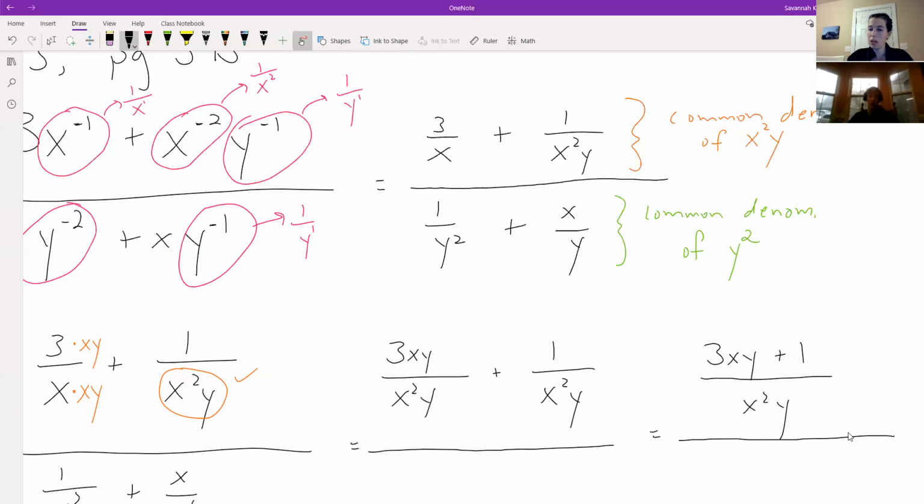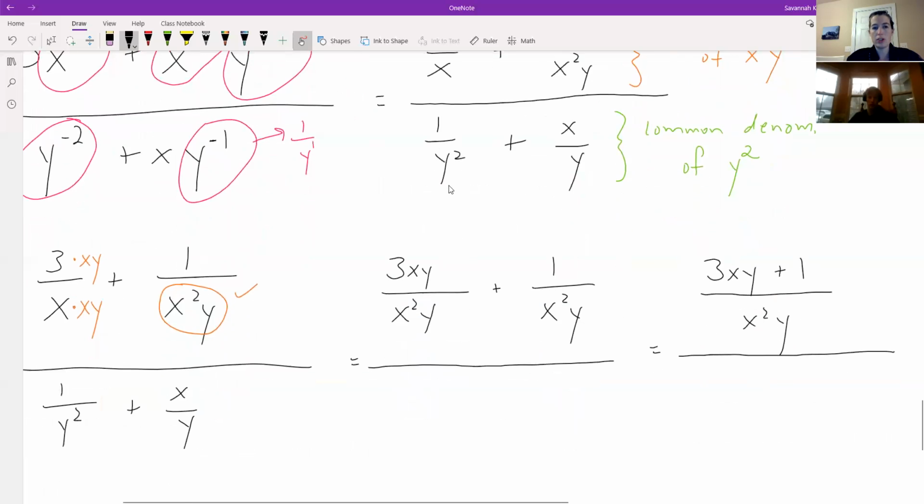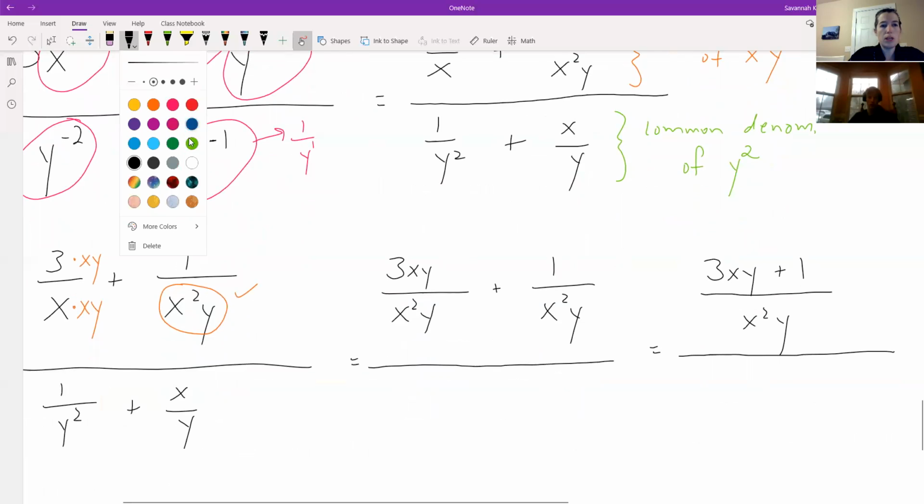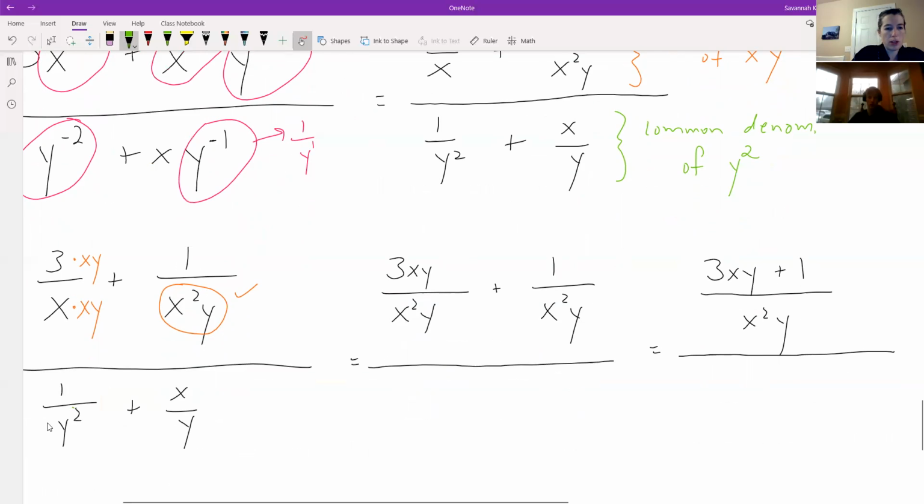We have to do the same type of thing down below with the fractions that I had coded in green up here. So those fractions need a y squared underneath. Only one of them has that y squared underneath, which means the other one, so let me say this is good, the other one needs an extra y. Okay, so I've got that.